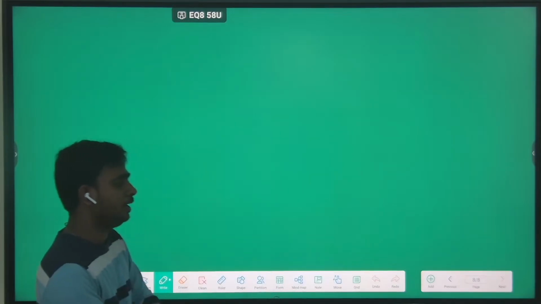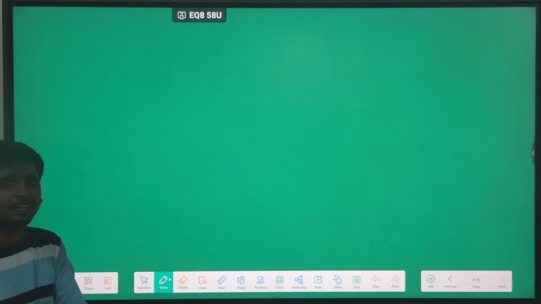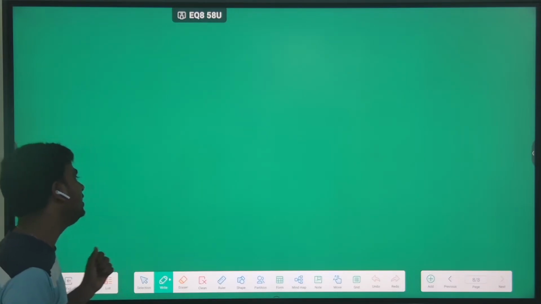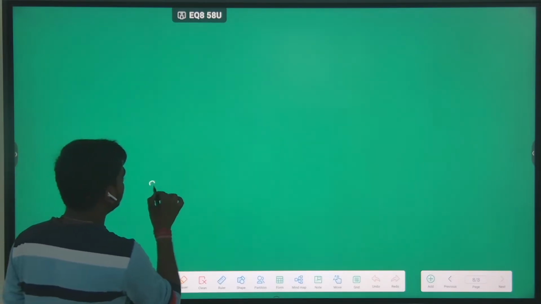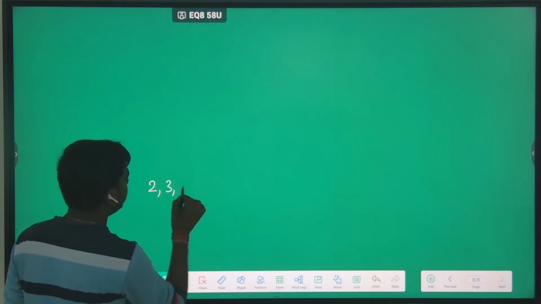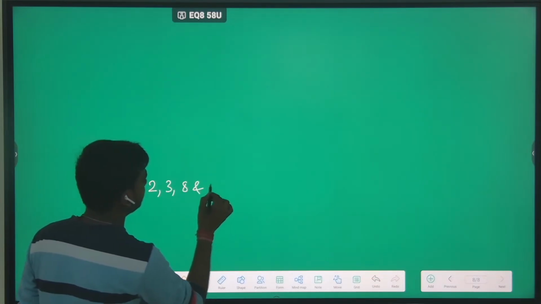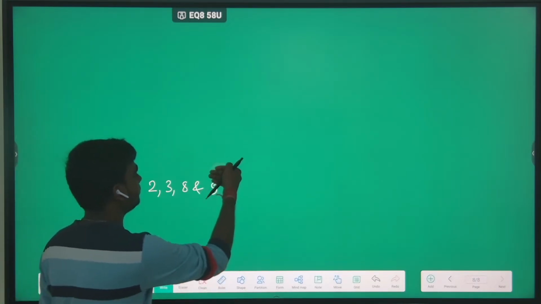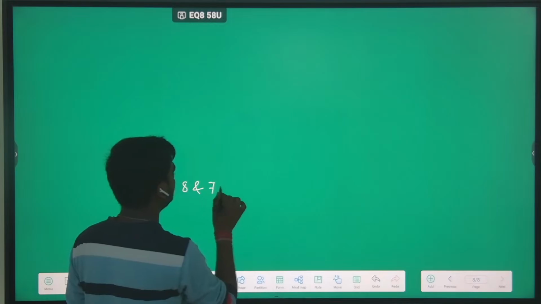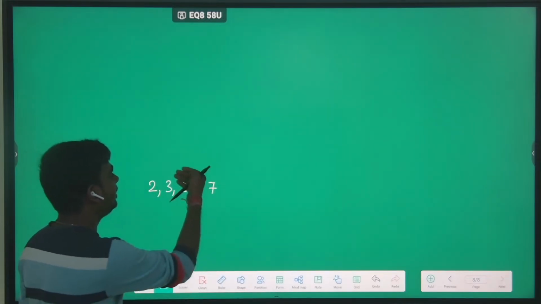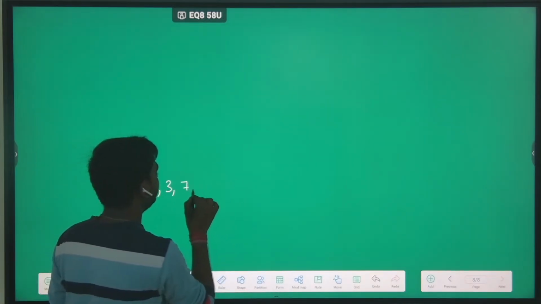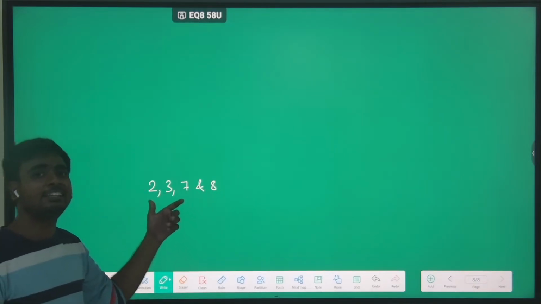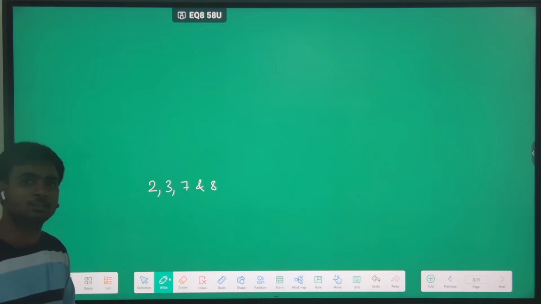Okay. Now, moving towards our next part. Our next part is a simple property. If any number ends with 2, 3, 7, and 8, we say that these numbers cannot be a perfect square.